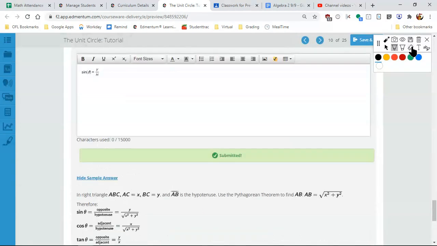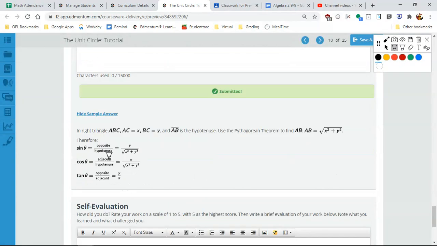And they also want you to do it for cosine and all the other ones. So if we do it for cosine, again, cosine is our adjacent, our x over our hypotenuse. Or you can do it this way if you want to get really technical. And then our tangent, what's up?